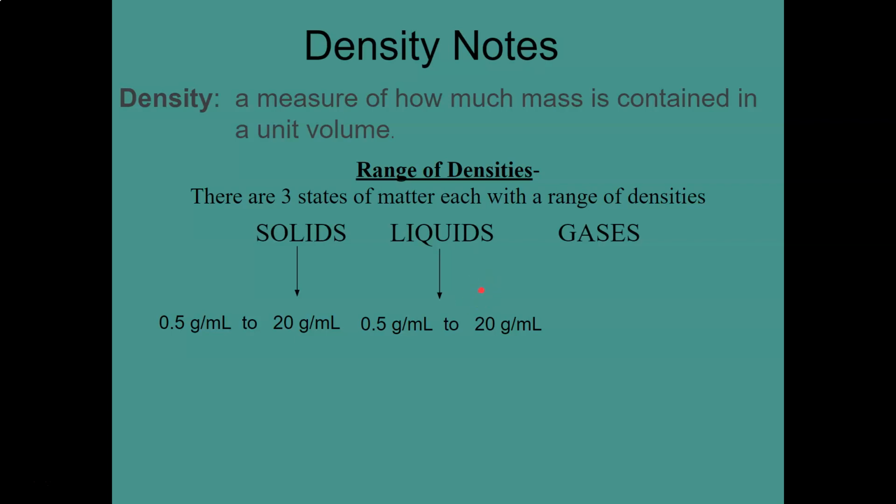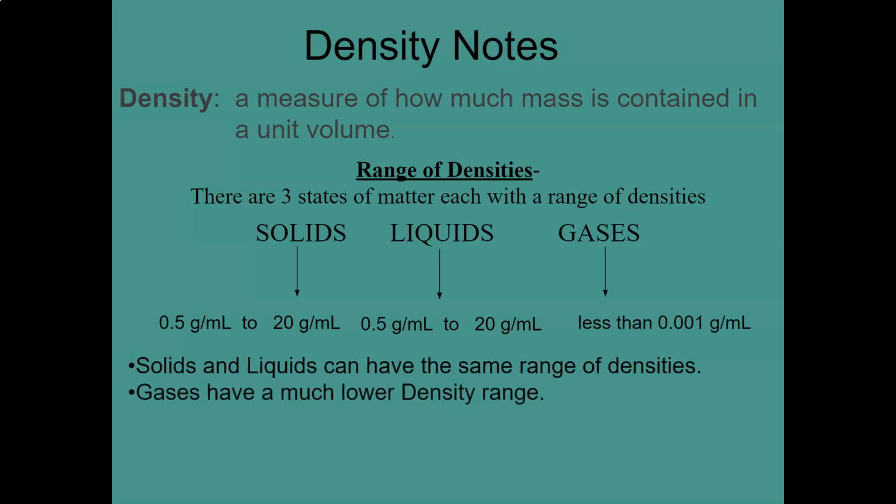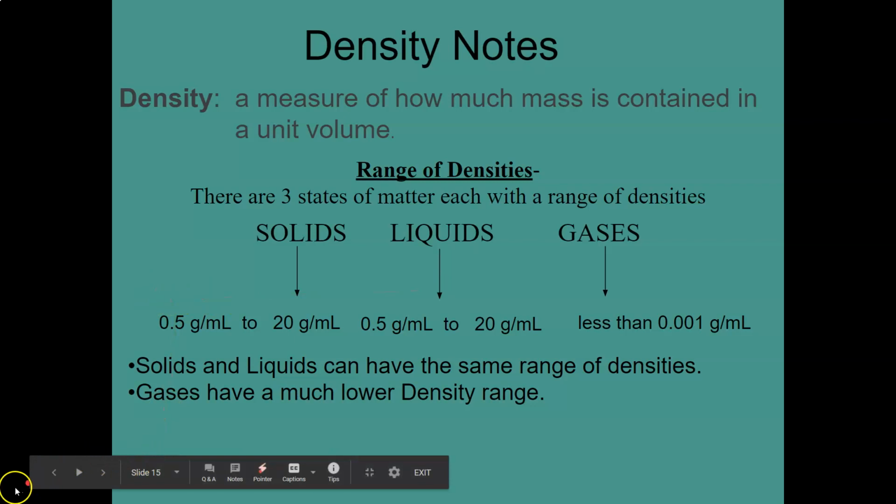Gases, however, are much less dense. Gases have very, very small densities because their particles are very, very spread out, so they tend to have densities that are very tiny, much less than thousandths of grams.